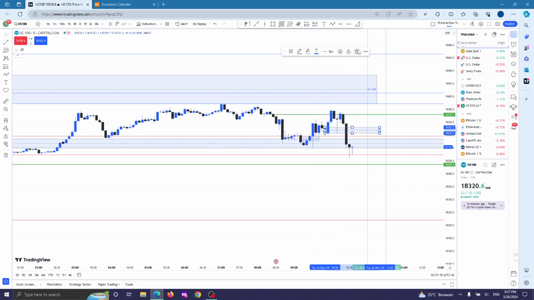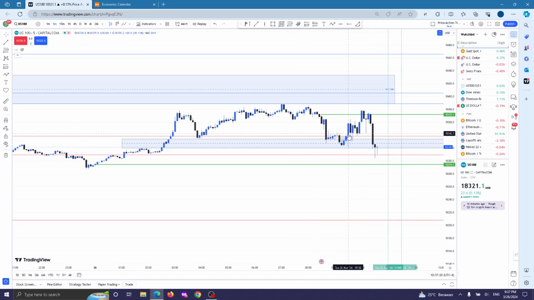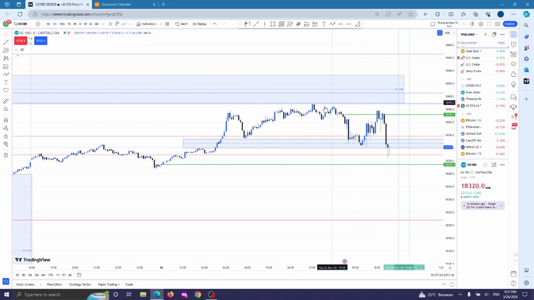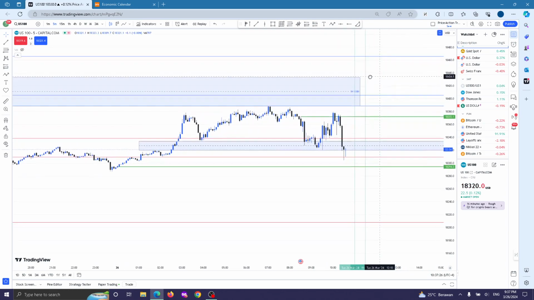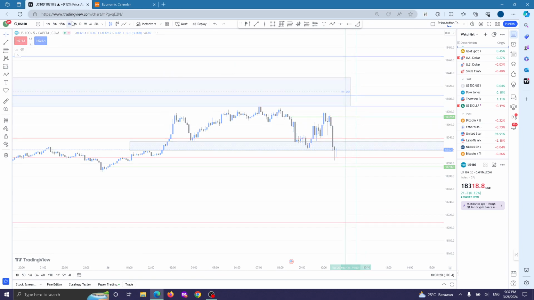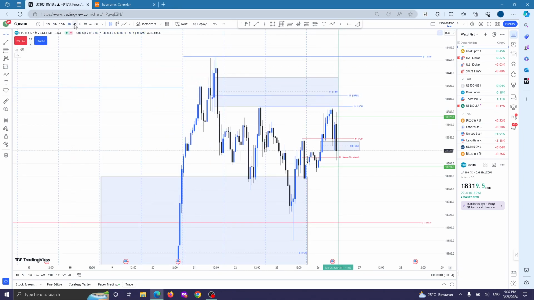This was propulsion, right? Propulsion fails. Inverse fails. This low here to this high, this is an OTE. Wanna know what an OTE means?